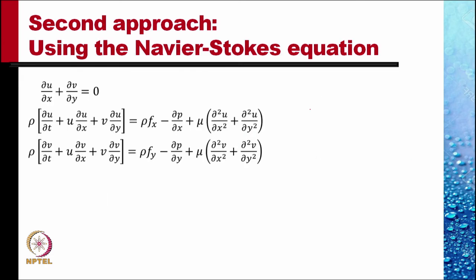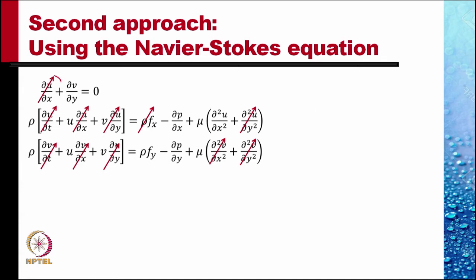There is another approach that we can take using the Navier-Stokes equation that we obtained earlier. When we have two dimensions x and y, as in this case, a two-dimensional plates, there are a lot of terms that disappear.